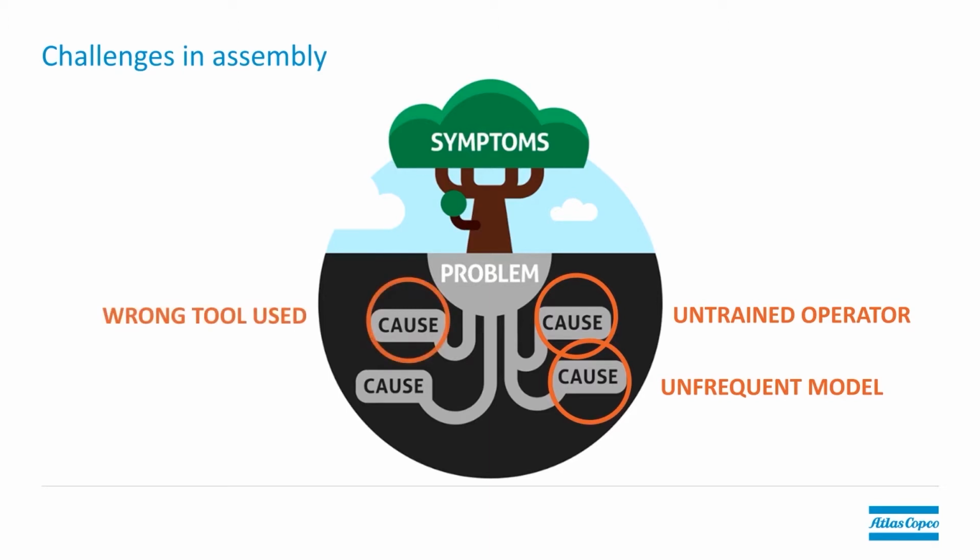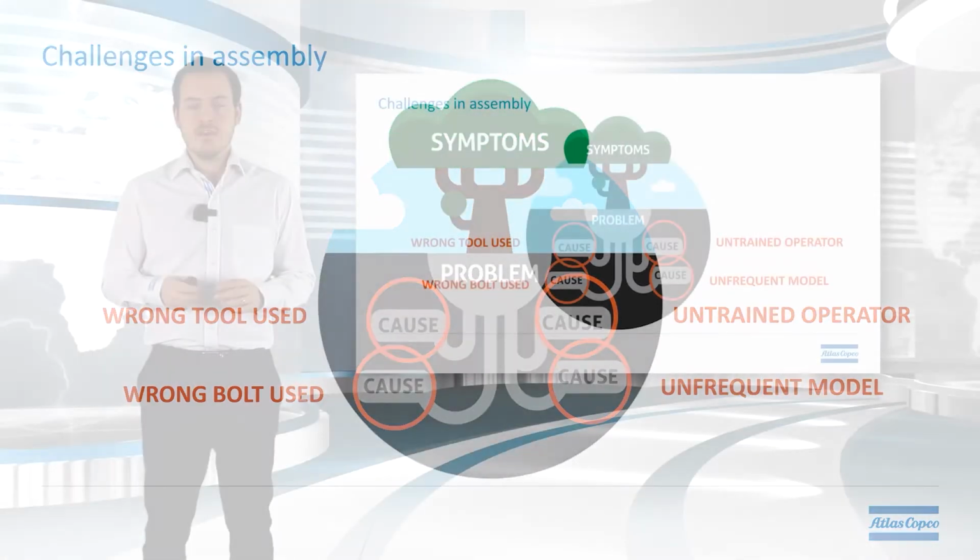Could be that the wrong tool was used. Could also be that the wrong bolt for that operation was used, and then it didn't fit, and the operator just left it like that. That could have been the reason for the missing tightening.